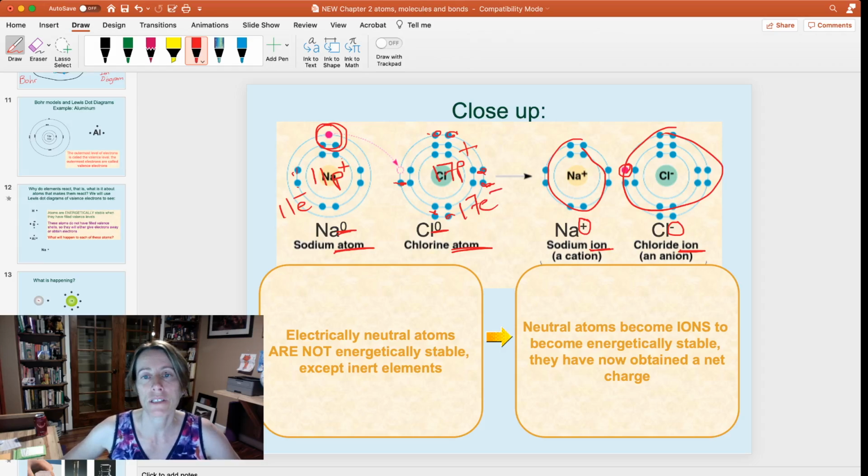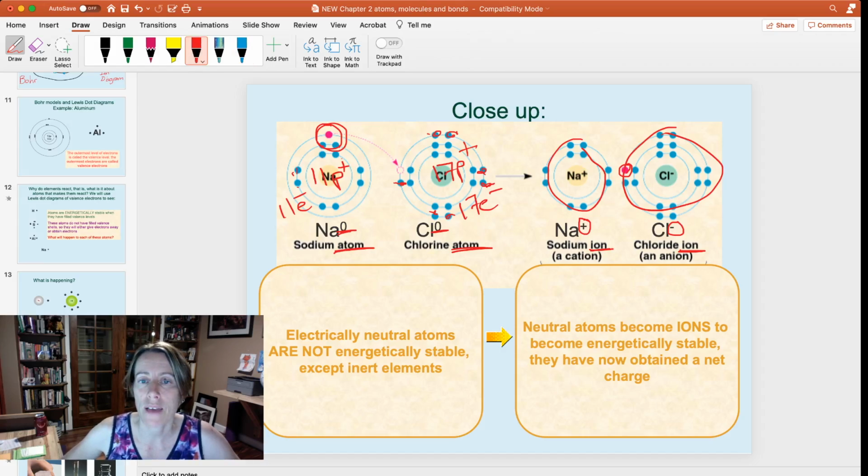Now, if we go to this diagram on the right, I did nothing to change the nucleus. So this nucleus still has 11 protons in it, and this nucleus still has 17 protons in it. I haven't changed that. Now I'm going to change color. That blue is really hard to read. Let me get rid of that. I'll go back to red.